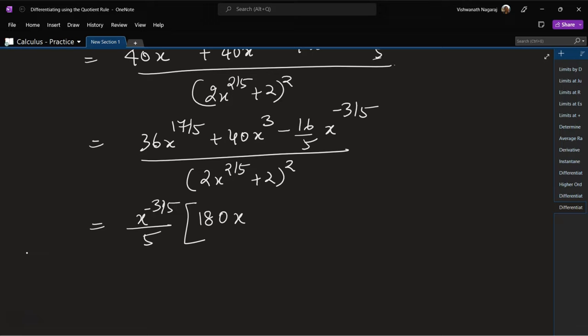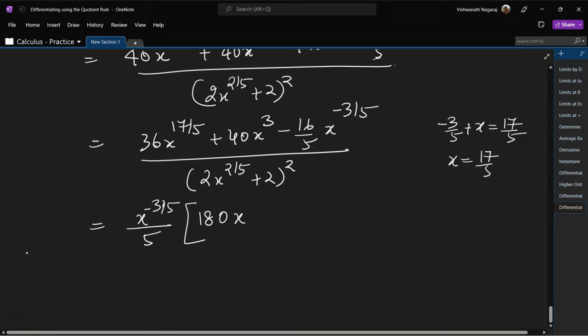Now this is the tricky part. This plus this should give us 17 by 5. So minus 3 by 5 plus x equals 17 by 5. So x equals 17 by 5 plus 3 by 5, which gives us 20 by 5, which is 4.